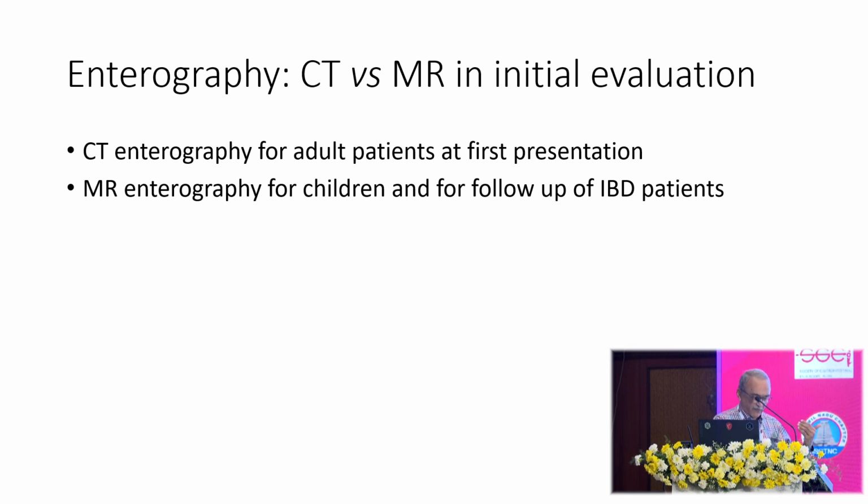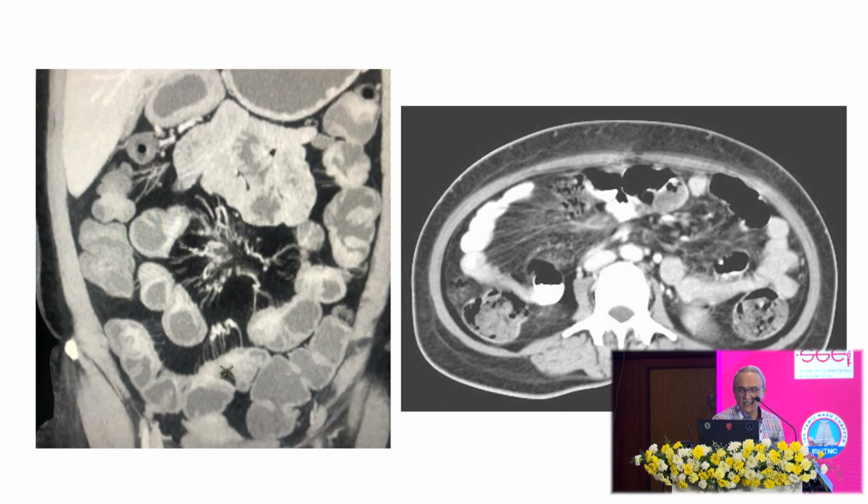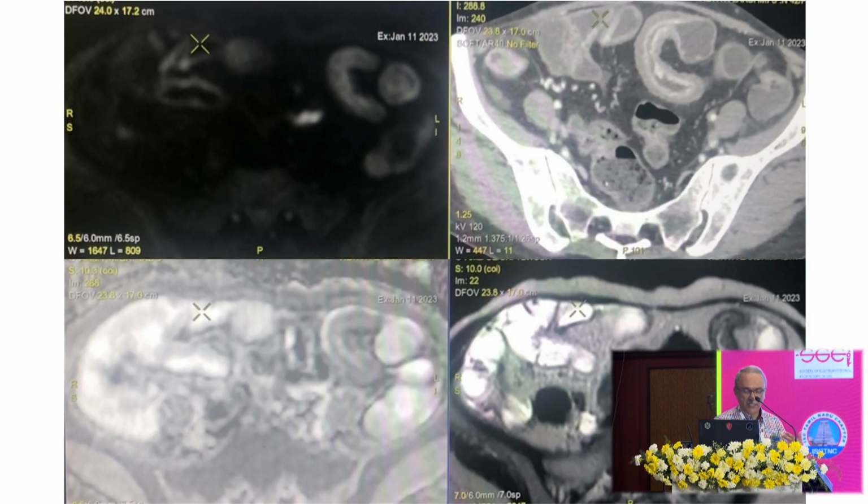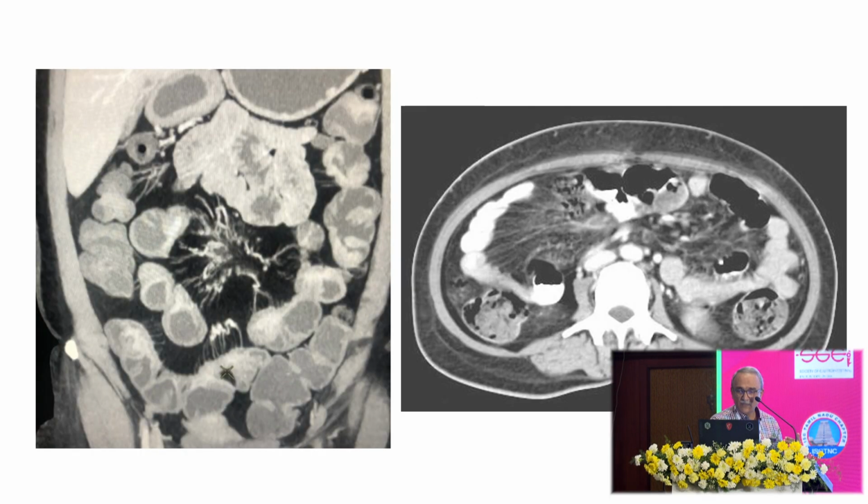Now, here are CT enterographs. What I would like to remind people, knowing that many of you are not specialist IBD physicians, is that a lot of patients who come to see me come with contrast CT scans which use positive oral contrast, and that should be avoided in CT enterography.